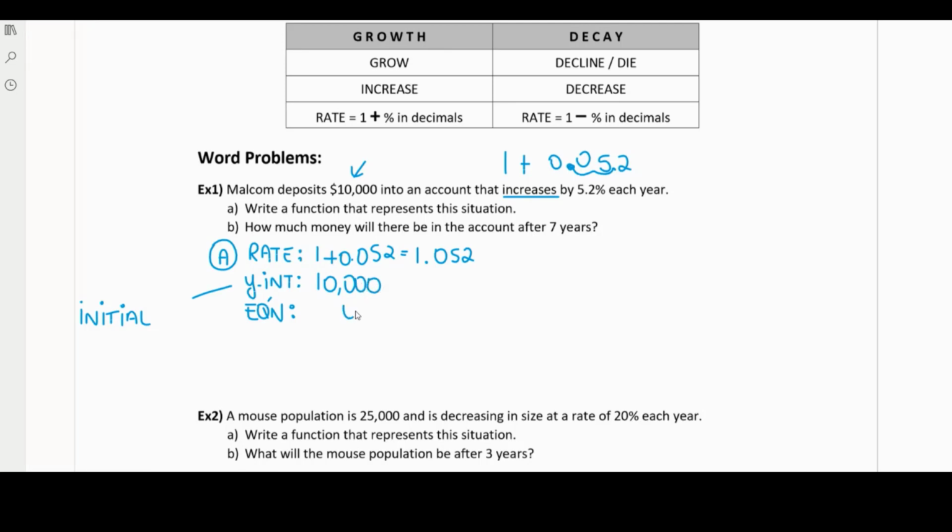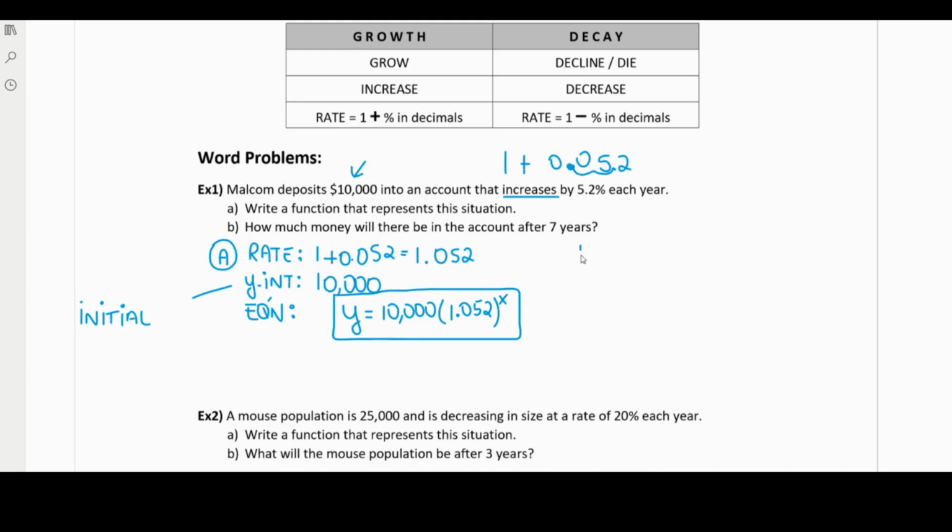So the equation is going to be y equals, the y-intercept is $10,000, and the rate is 1.052 raised to the x. So right there is the equation that represents the situation. That's part A of the problem.